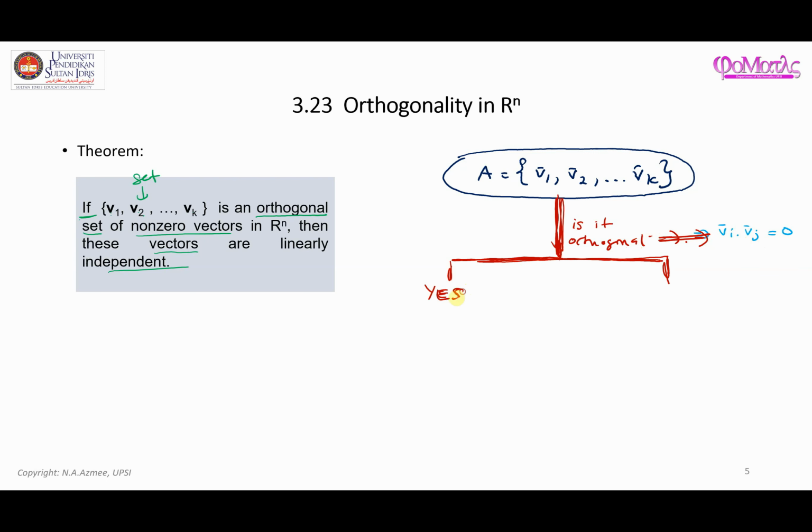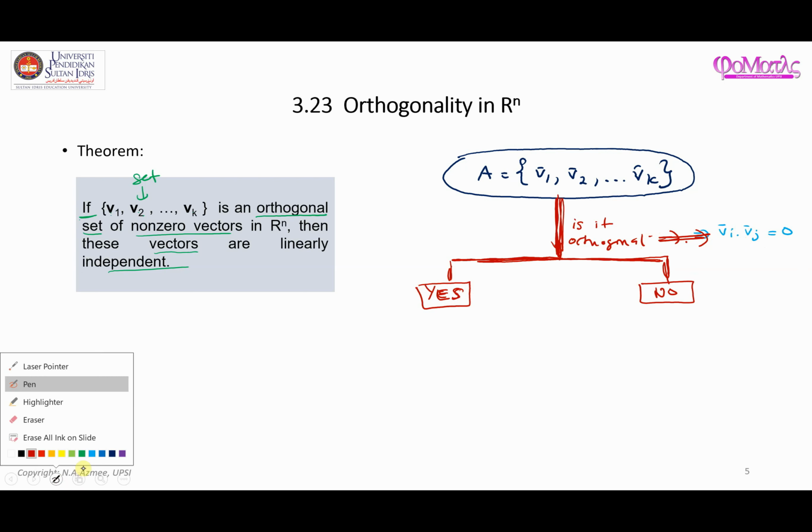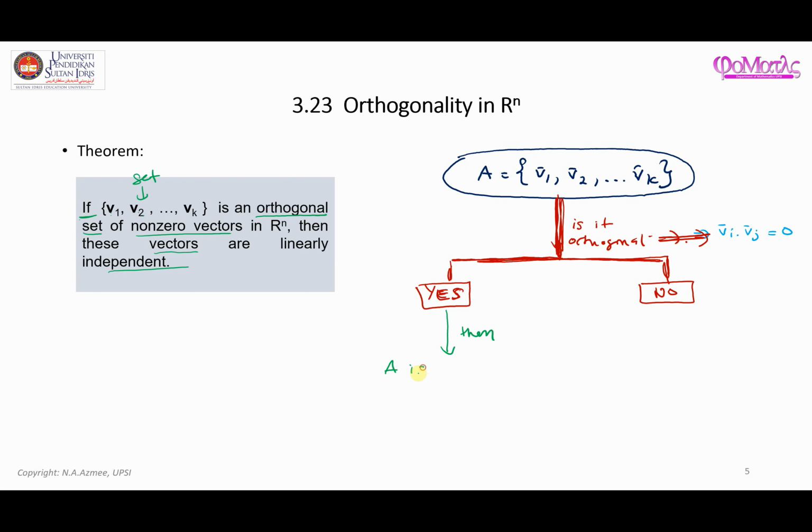So let's say the answer is yes. You have two possible answers to this question; the other is no. If it is yes, then immediately we can say that A is linearly independent. So A is said to be linearly independent.